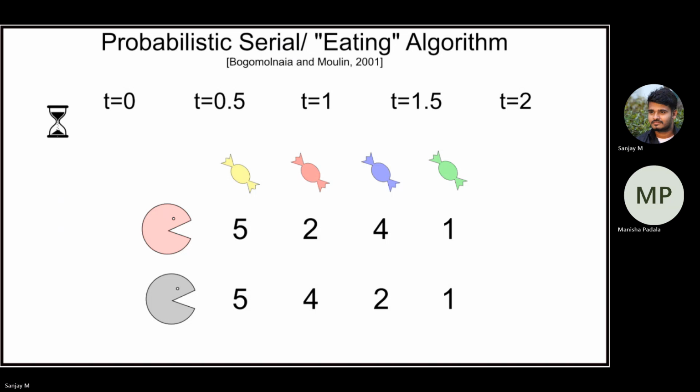Now imagine a time scale going from 0 units of time to, let's say, 2 seconds, and I've divided it into intervals of 0.5 seconds. Why am I doing that? Because in just a moment, I'll let these agents eat stuff, and I'll keep track of how much they have eaten at different points of time.